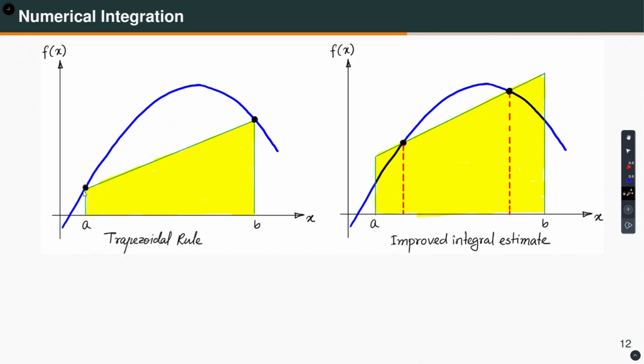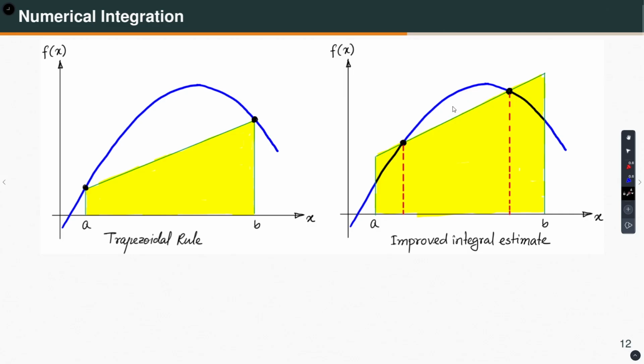We can improve this integration by actually defining these points anywhere in between. For example, the same function I am integrating between a to b. Now, what I will do? I will evaluate the function somewhere here and here, so that this is the additional area that I have incorporated, and this is the unshaded area which I have not taken.